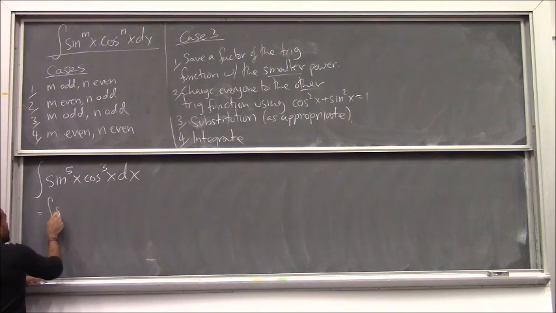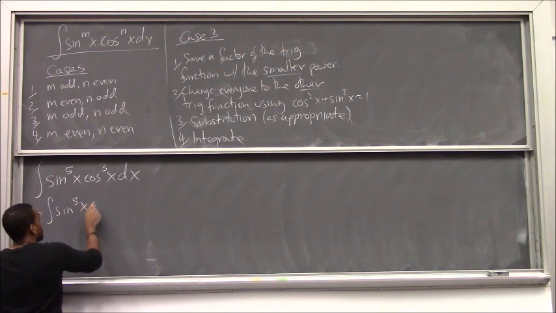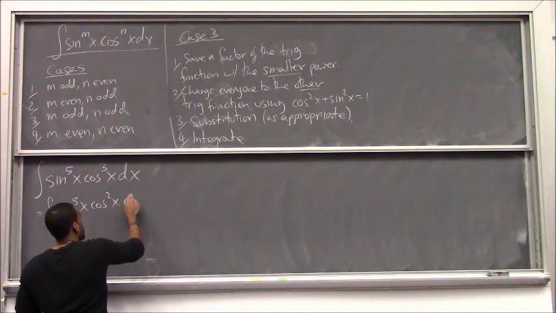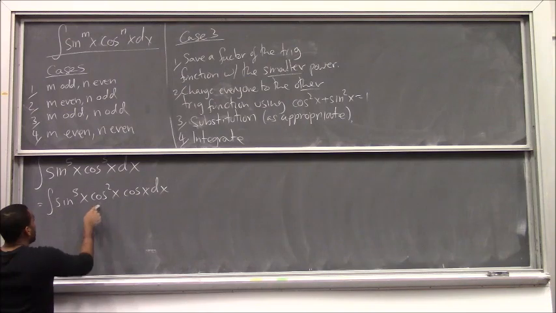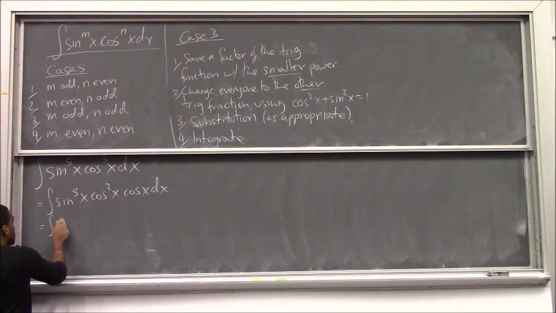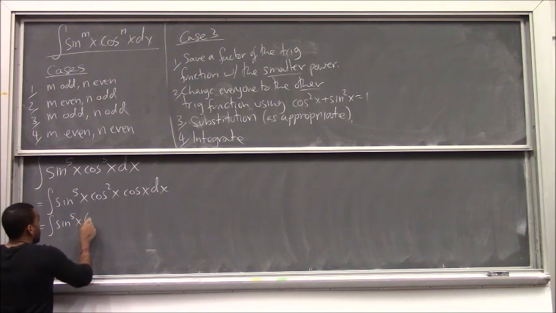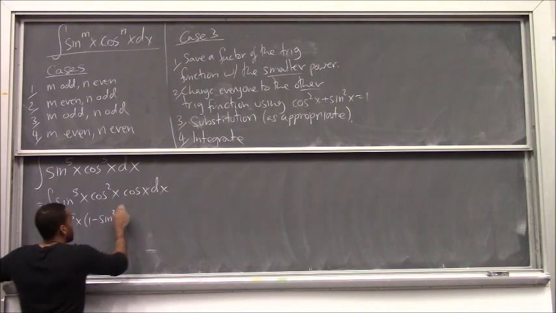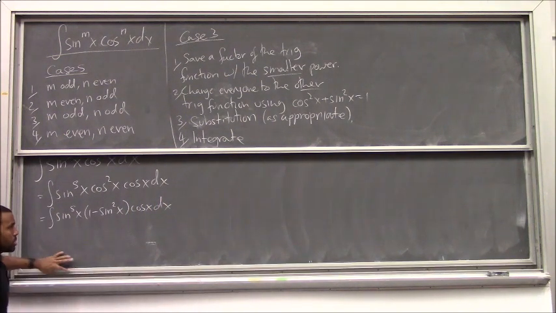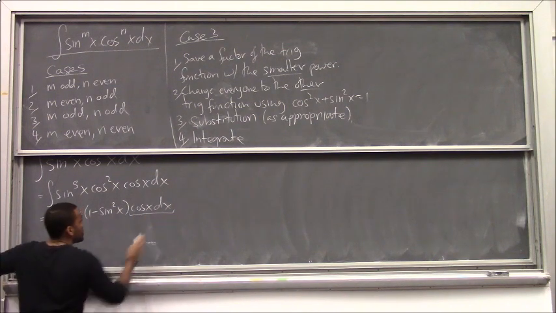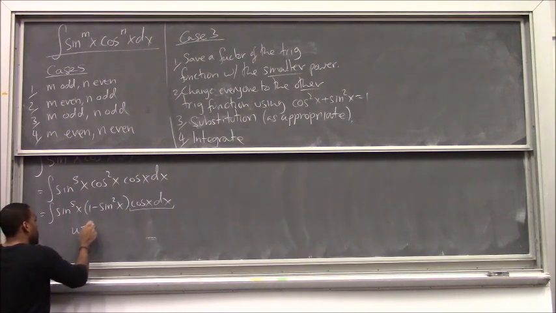So you have sine to the fifth, cosine squared, cosine. Now I'm going to want to change this to the other trig function. So this is sine to the fifth, 1 minus sine squared. Now I'm going to do the appropriate substitution. Of course, I want my du to be the cosine, so my u is going to be the sine.